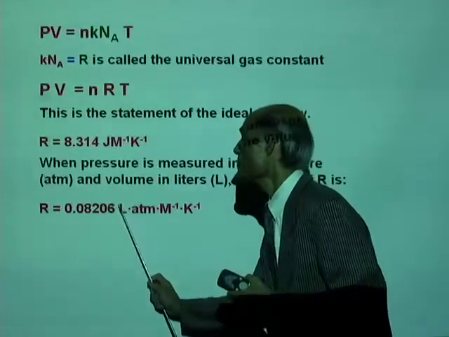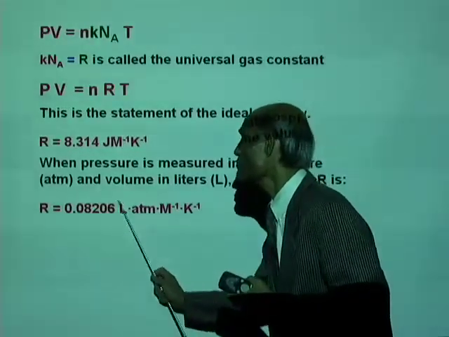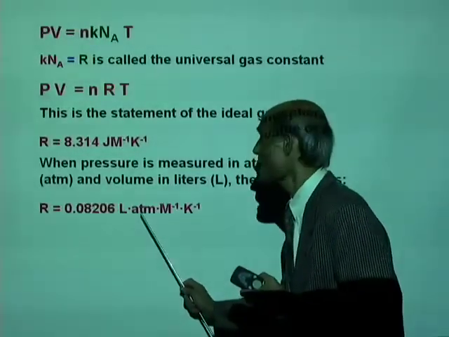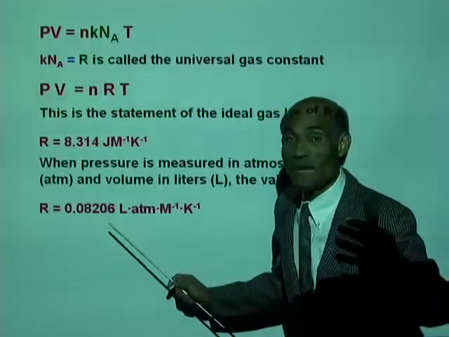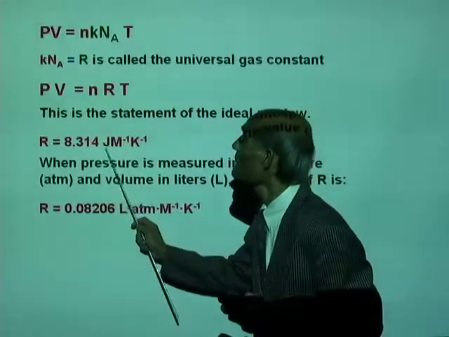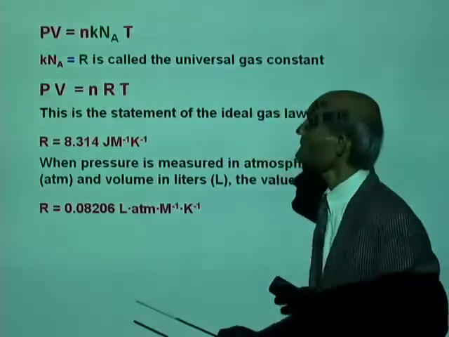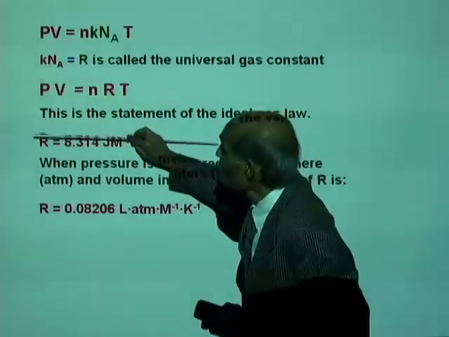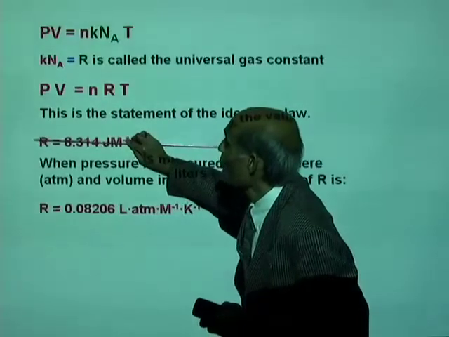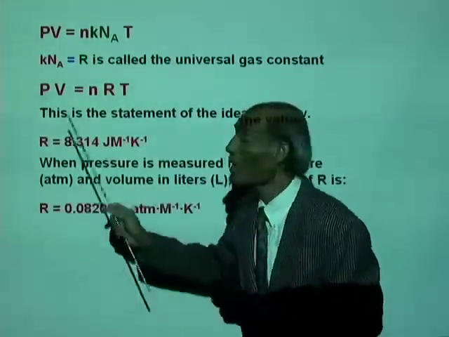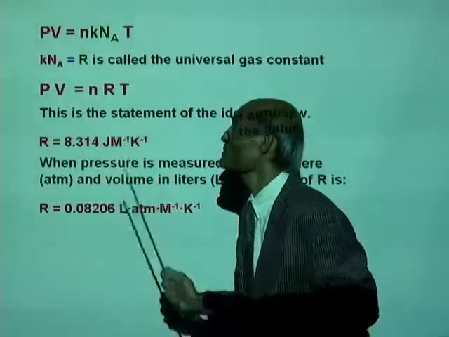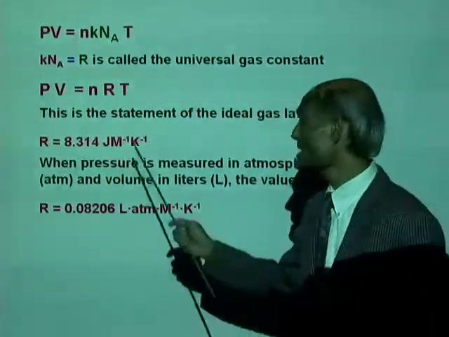You can see, if you use absolute units, liter times atmosphere, when you convert that to Pascal, it will become a joule. That's right. So we will use the value of R, either this or this, depending on the units of pressure and volume. Again, keep track of these values.